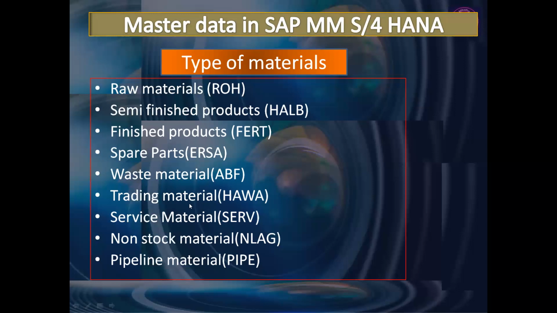Okay, now next, trading material. What is trading material? Trading material means these are the types of material which are not manufactured in the company. For example, when we have taken the example of tire, let's take an example of MRF tire. In the MRF tire company, what can be the trading material?